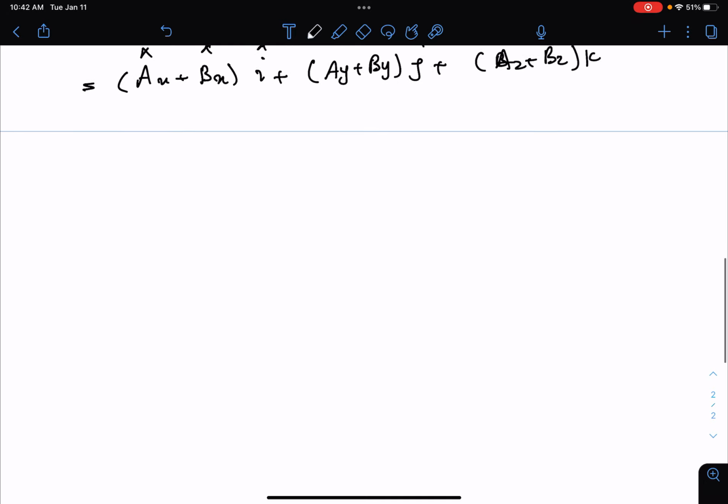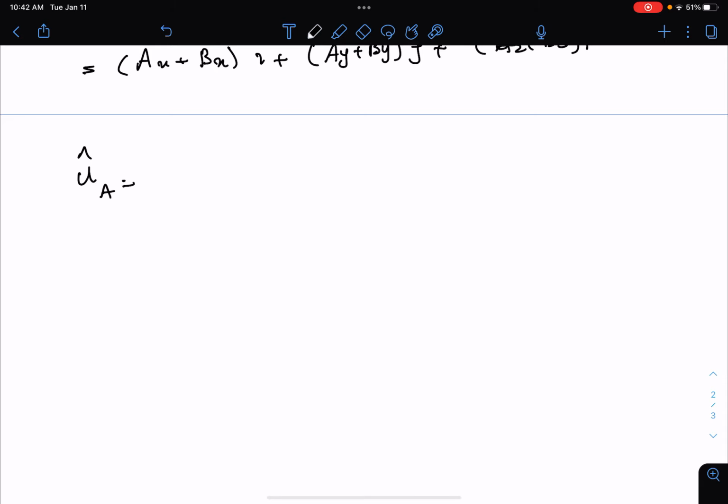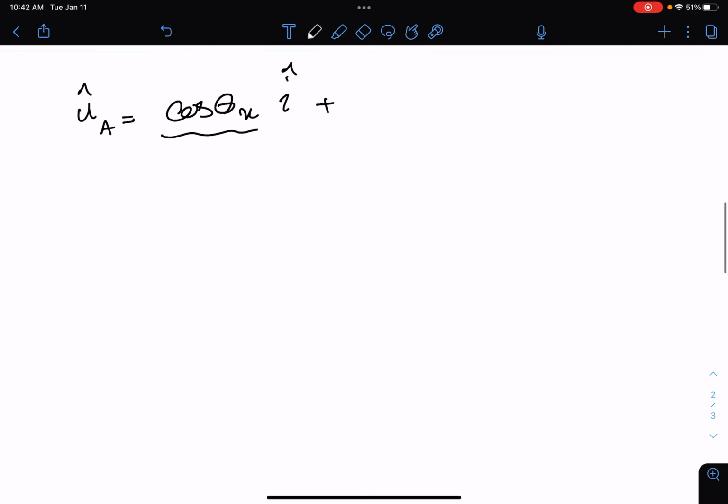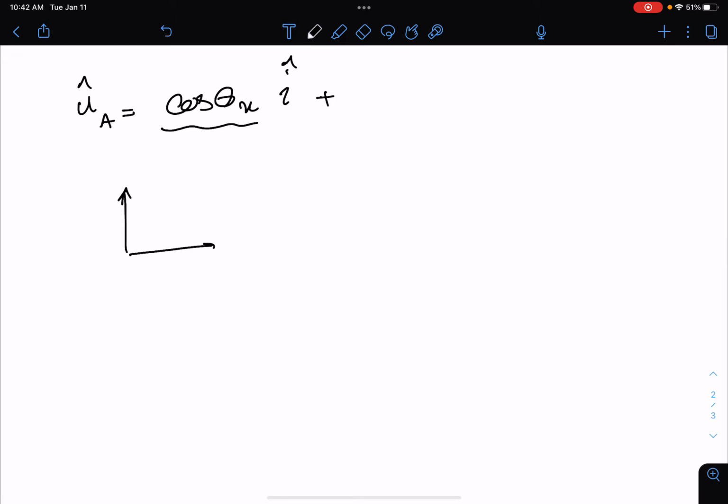So very simple topics. The unit vector can also be calculated using the angles a vector makes with the coordinate system. The cosine of the angle this vector makes with the x direction is going to be the magnitude of the unit vector in the x direction. Let's say this is vector A, and we have x, y, and z here.